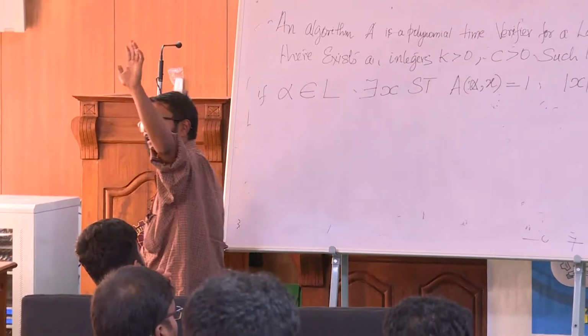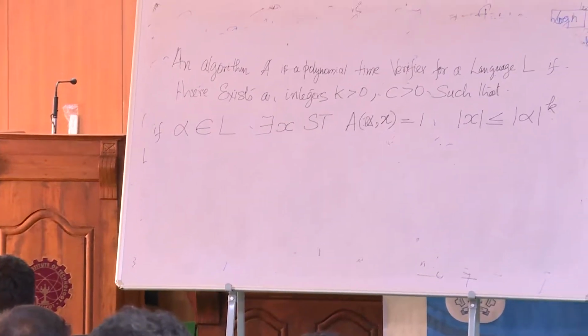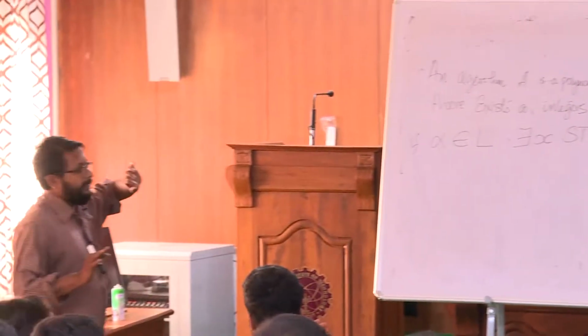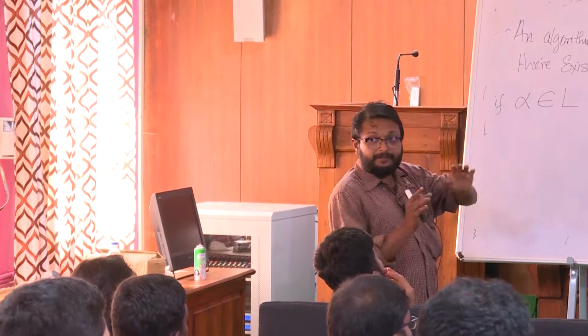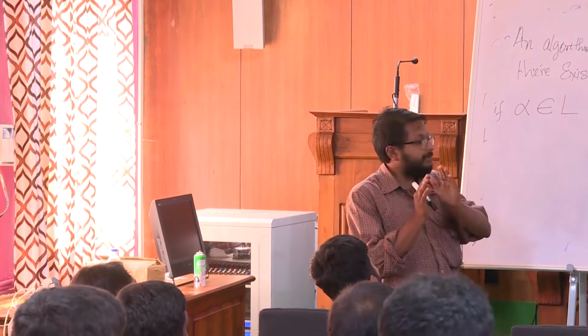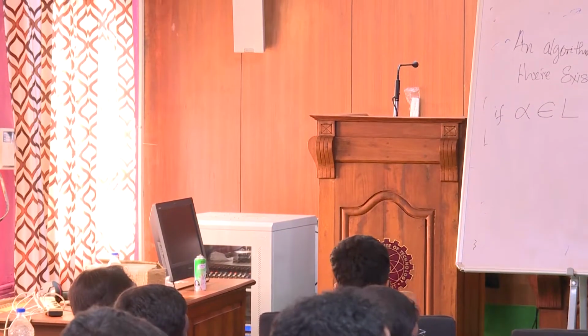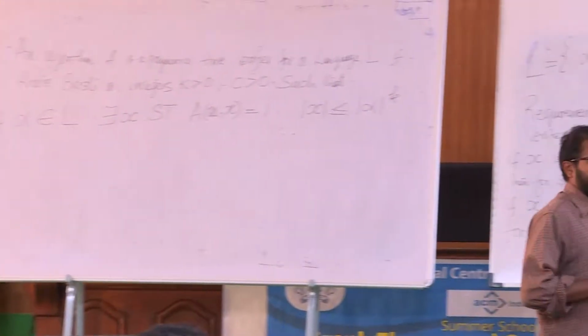The proof is verified and you say okay, alpha belongs to L. So, if alpha belongs to L, there exists at least one certificate which is short such that this algorithm accepts alpha along with the appropriate certificate.